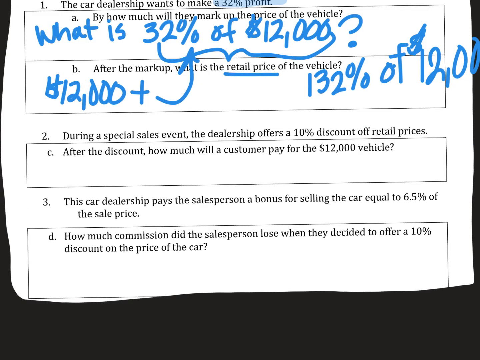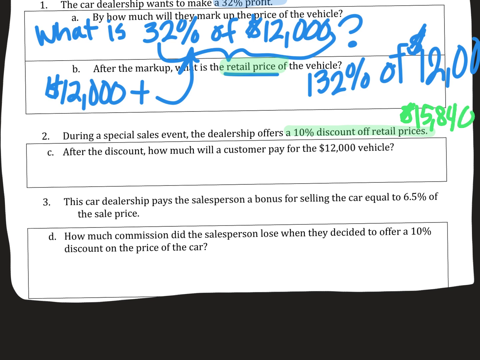Okay, now we're going to get into some other things, like, for instance, discounting off the retail price. So they're having a special sales event, and the dealership offers a 10% discount off the retail price. So we've got to go back and make sure we know what that retail price is. And that retail price is $15,840.